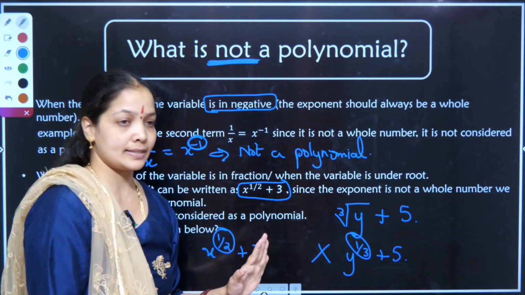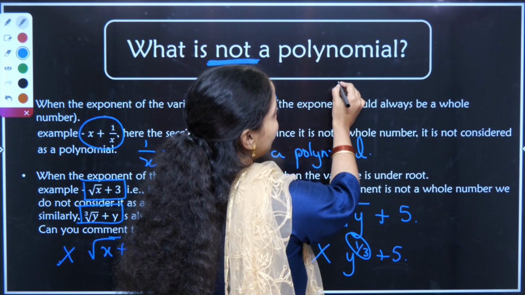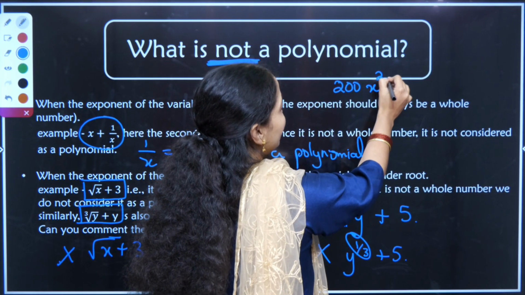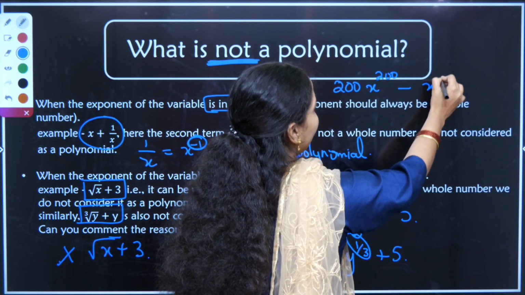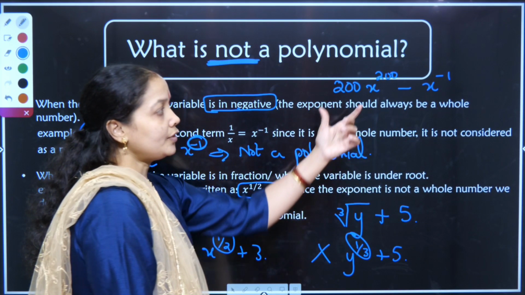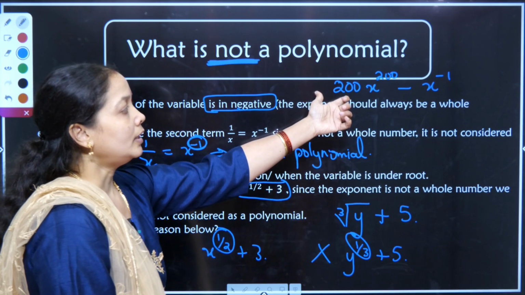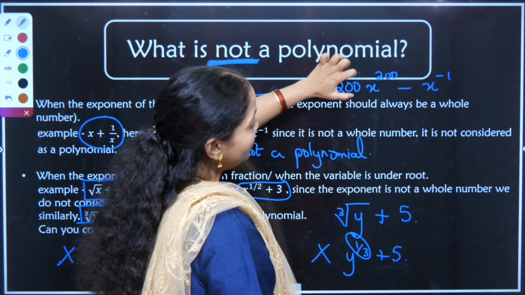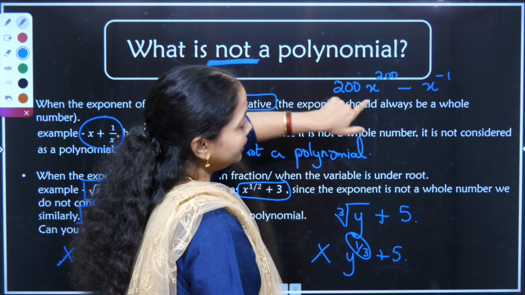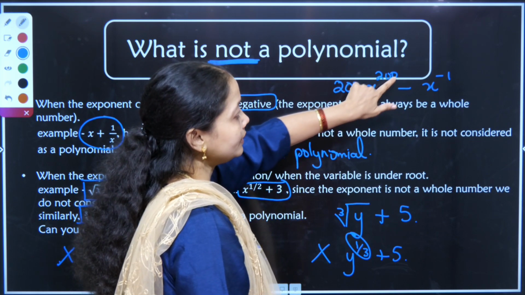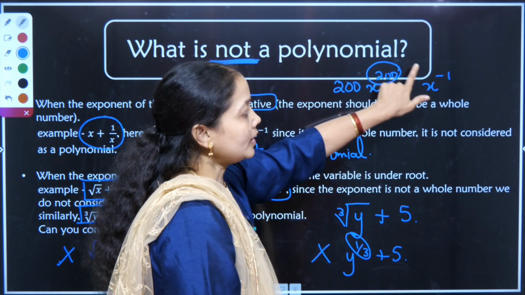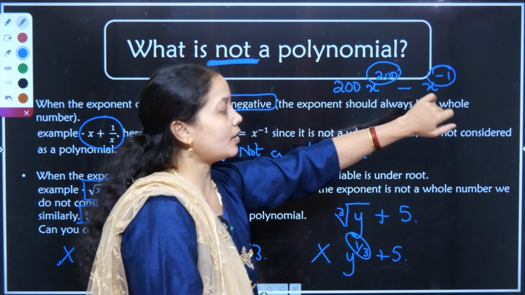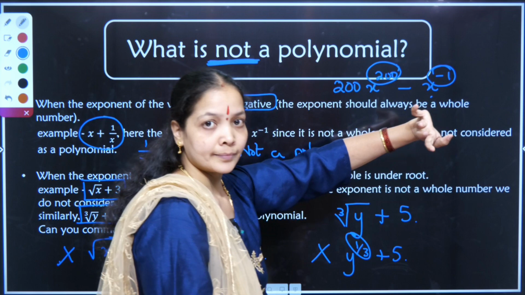For example, if the expression given is 200 x power 200 minus x power negative 1. I have two terms here, 200 x power 200 and x power negative 1. In the first term, I have x as the variable and the power is 200. In the second term, the exponent is negative 1.